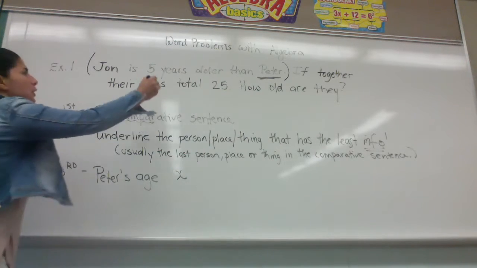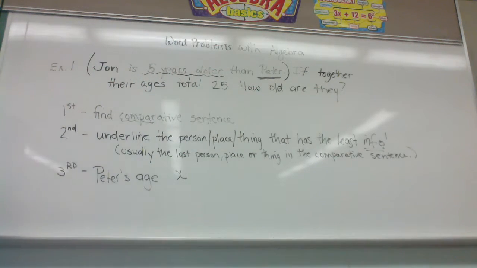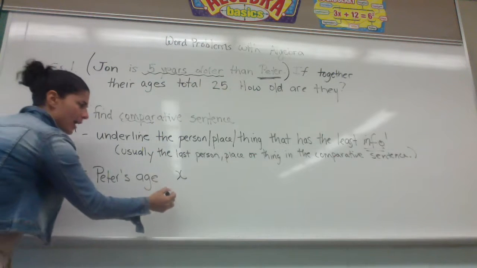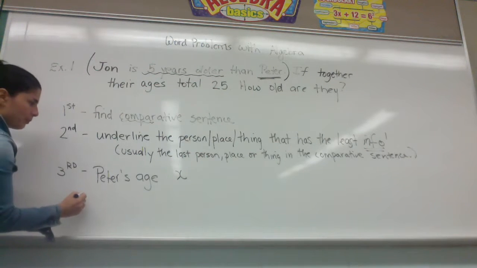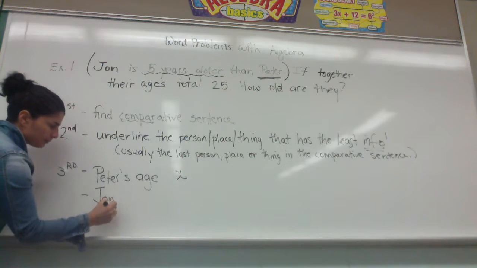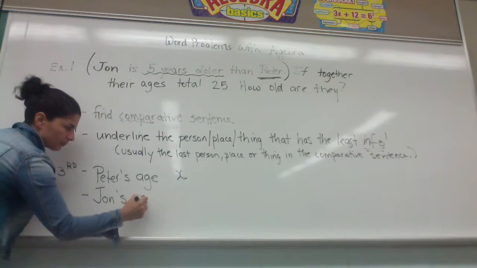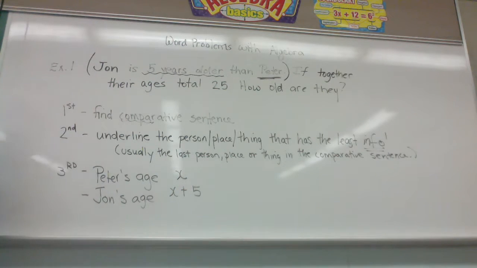What does 5 years older mean in algebra? This is why we learned a bit of translation. Plus 5. So do I just write plus 5 or X plus 5? X plus 5. So now Peter's age is X and John's age is X plus 5. Does that make sense so far?